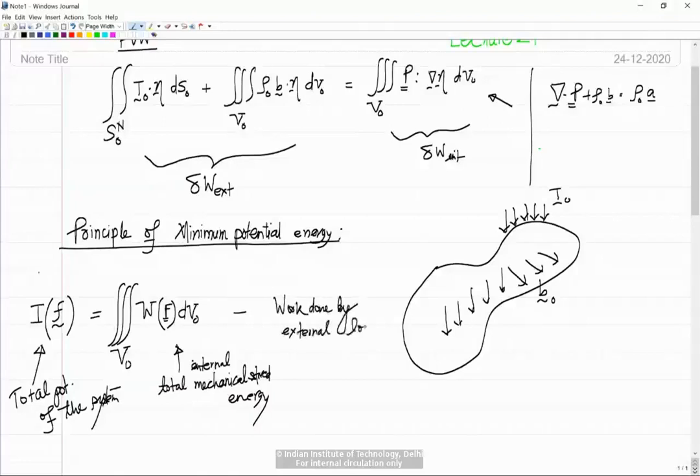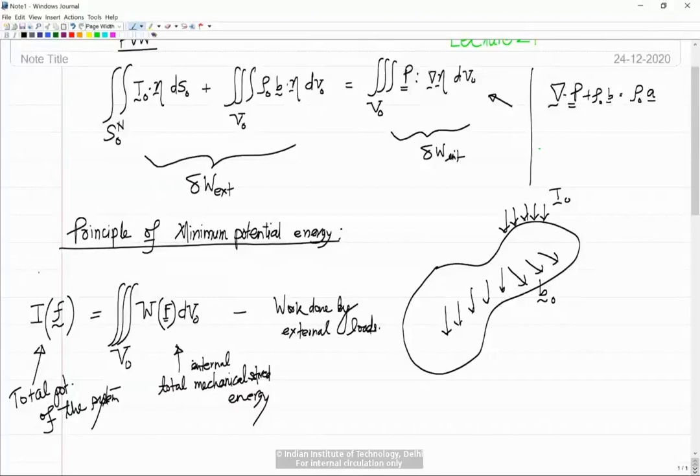You might be thinking, why do we have a minus sign? It's because, if you think of whoever is applying the load as also being part of the system, then the agent applying the load does some work on the deformable body, so the energy of the agent will decrease, right?